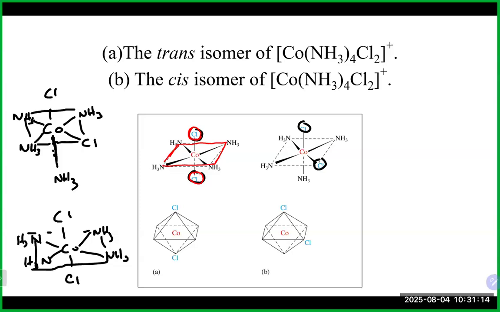So you've got one above and below, and again, that would give you more of a trans, as you can see here, top and bottom, if you will. On the cis, it's going to be, for example, these chlorides within the same side here. So you can see it's all within the same side. They're not opposites of each other in terms of their arrangement. This is, by the way, an octahedral arrangement of geometry, which again is the expanded octet, where you have 6 electron pairs and 6 bonds.